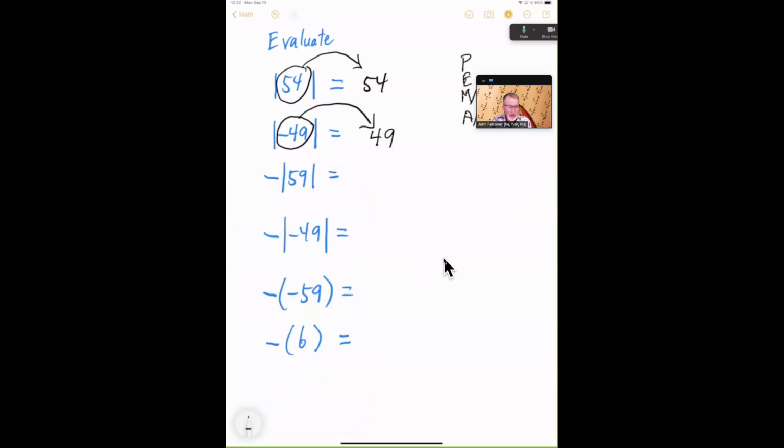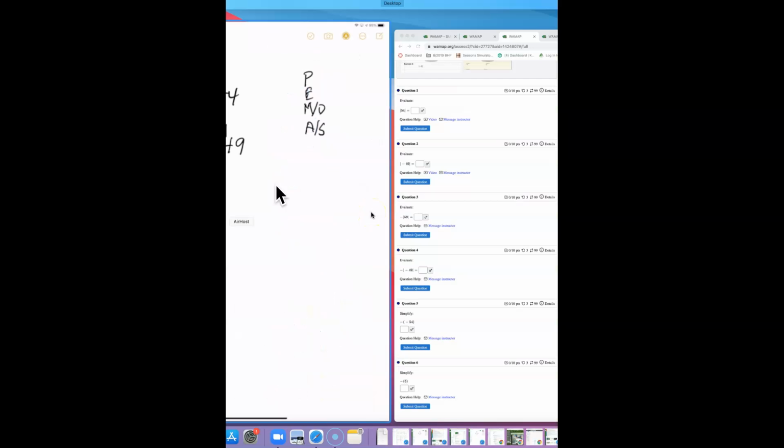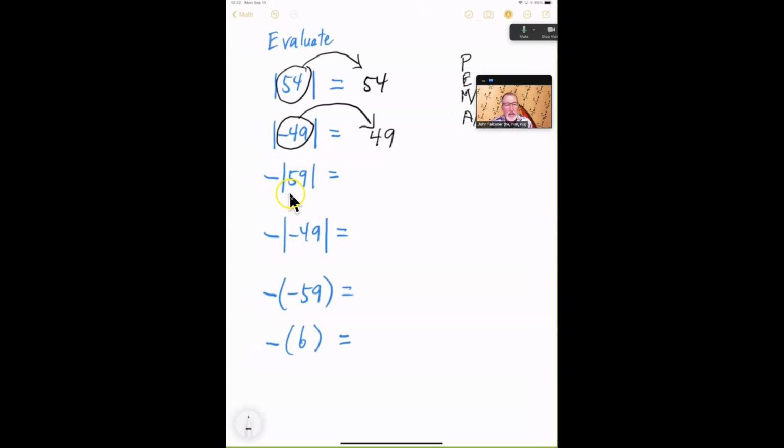And when we have PEMDAS, these absolute brackets are considered a type of parenthesis, right? So 59 would come out positive, and then it's saying to make whatever comes out negative. So whatever comes out will be positive, then we have to make that negative.